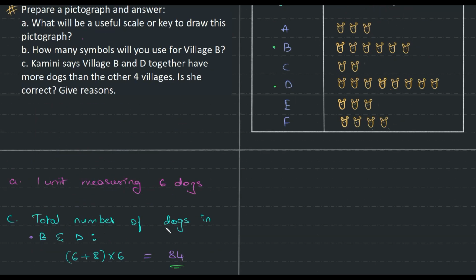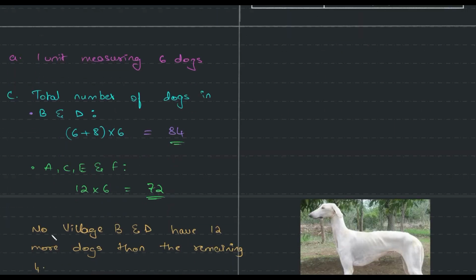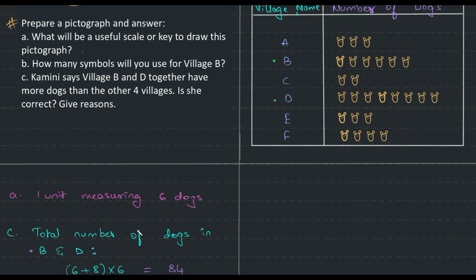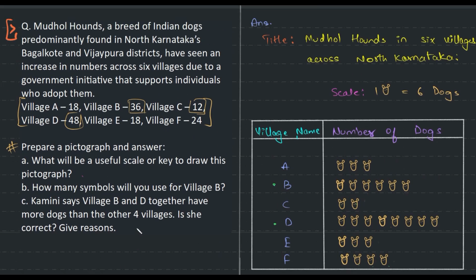Okay. I think that's the last question. Is she correct? No. And we gave the reason as well. Actually, you could have answered this using the actual values. But again, the agenda here is to understand the table, get the information from the table, right?